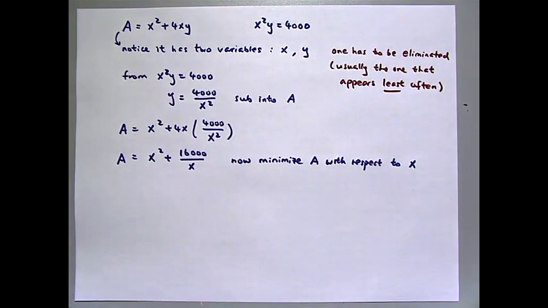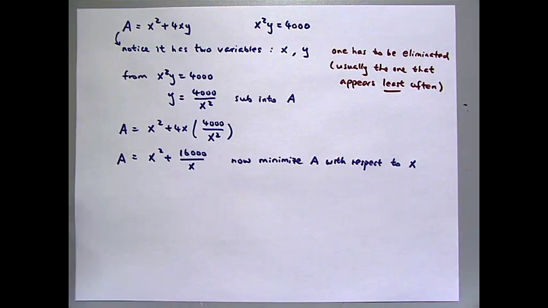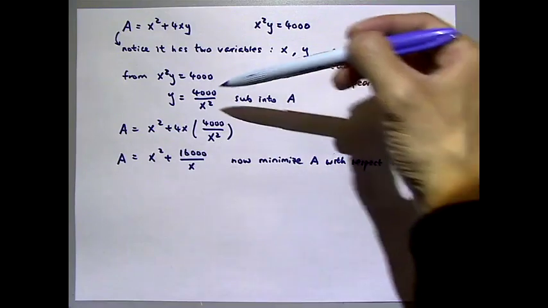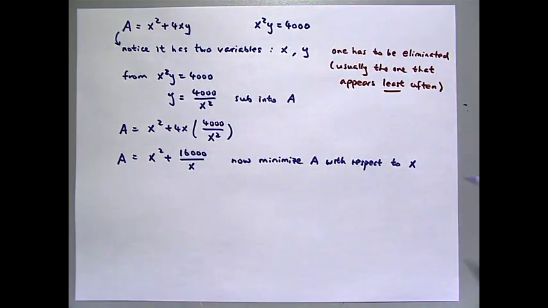At this point, look back to the last page for just a moment and remind yourself what x is. x is the dimension of that base, the length and the width of that base. Don't lose track of what these things represent. Once we find out what x has to be to make A as small as possible, we can use that equation to find y. We get rid of one of them, find it, and then go back and find the other.